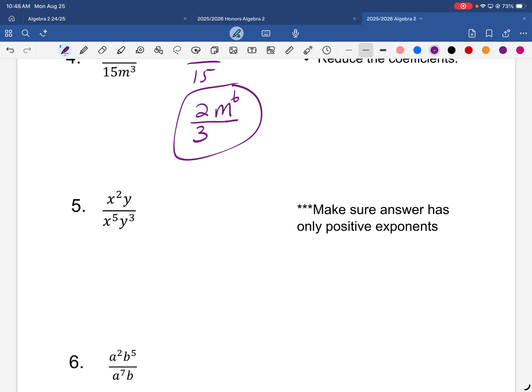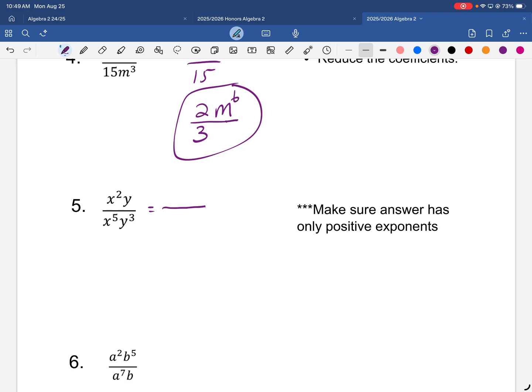Next example, we've got x squared y over x to the 5th, y to the 3rd. What's bigger, 5 or 2? 5 is bigger.